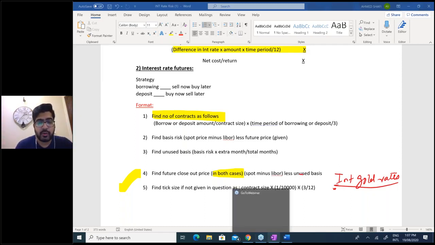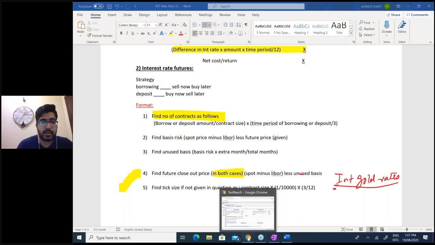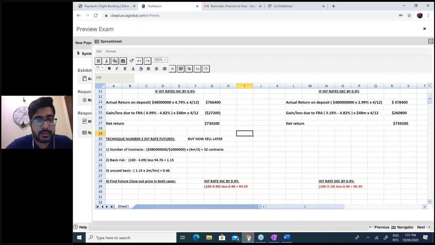No, you are wrong here, dear. That's not how it works. Total months: today's date is 1st November, and we took the future of 30th March, so you can count it's 5 months. 0.46 is right in the third step, the unused basis.